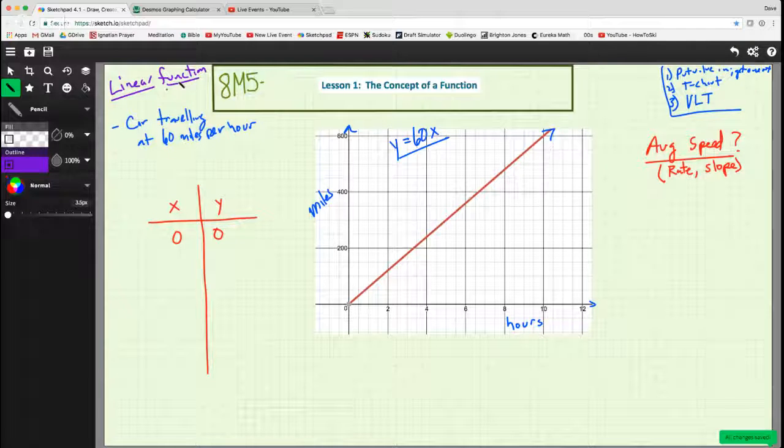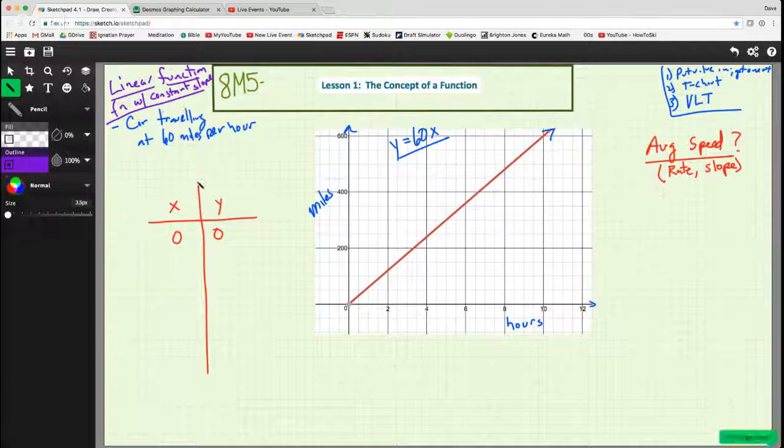But a linear function is simply a function with a constant slope.